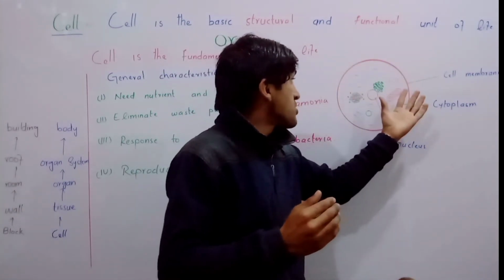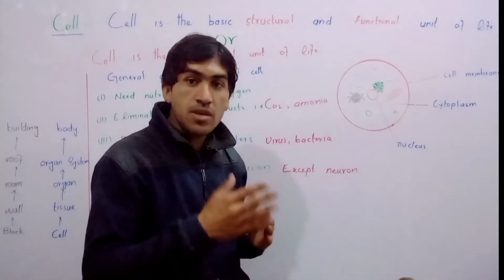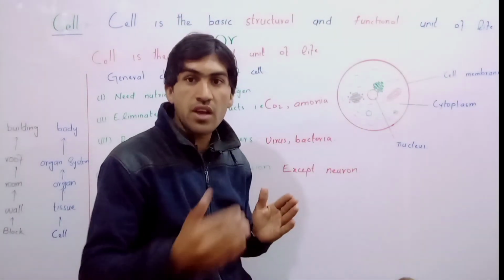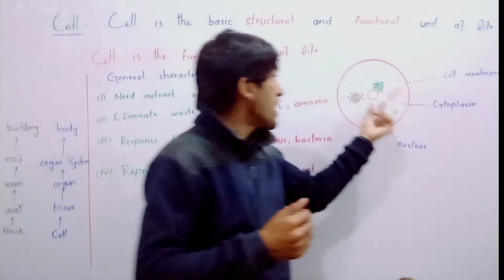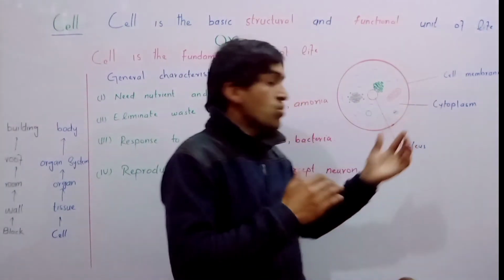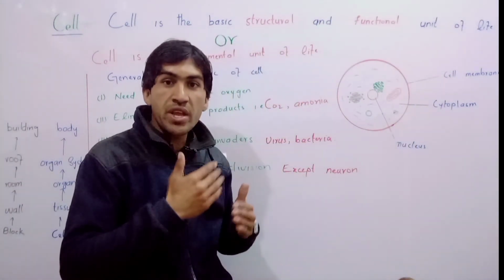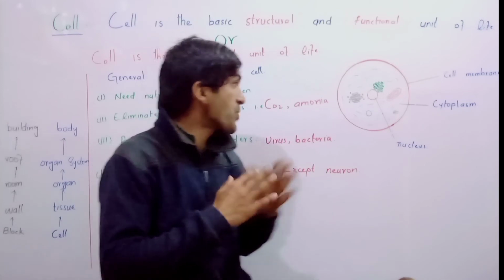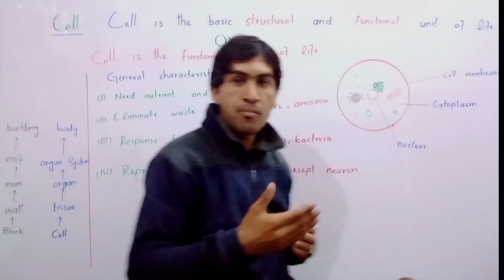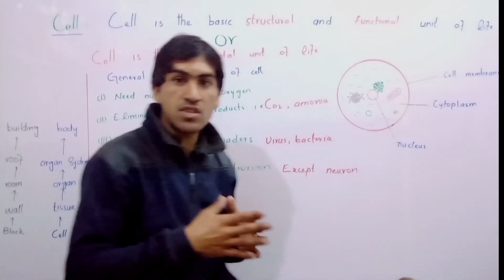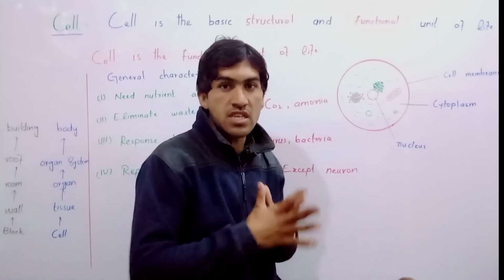It has a lot of functions that will be discussed later in detail. But one of them is that it plays an important role in the exchange of various materials in the process of phagocytosis, pinocytosis, exocytosis, and diffusion, etc.